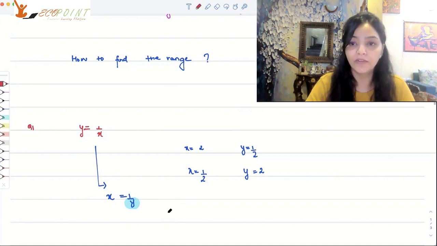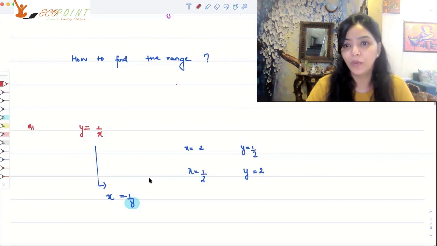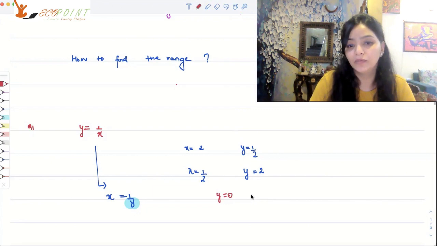Can y be equal to 0? Just the way x cannot be equal to 0 in the domain, since x is equal to 1 upon y, even y cannot be equal to 0. Because when y is equal to 0, that would imply x is equal to 1 upon 0.